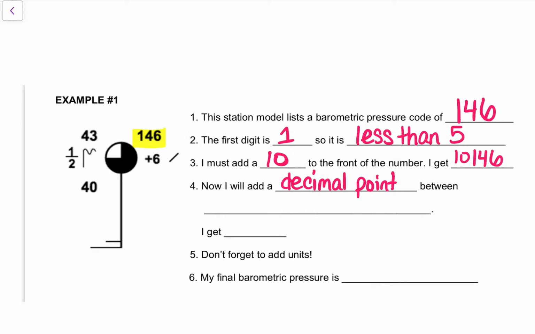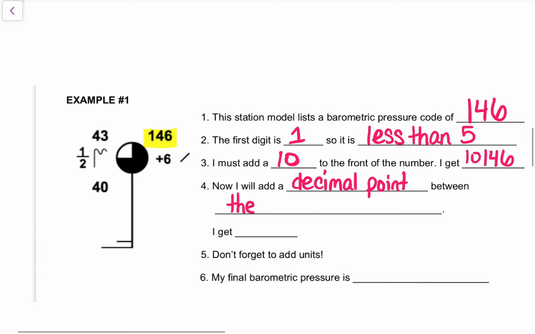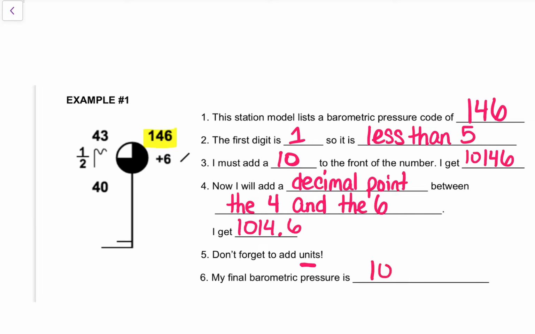So in this case, I will add a decimal point between the 4 and the 6. When I do this, I get 1014.6. Like always, I can't forget my units. My final barometric pressure is 1014.6 millibars.